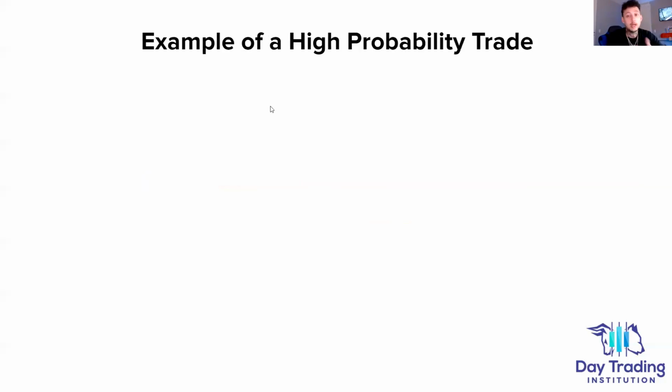Right now, let's go over an example of what a high probability trade actually looks like. So what I'm going to do is draw some fake market structure here, right?